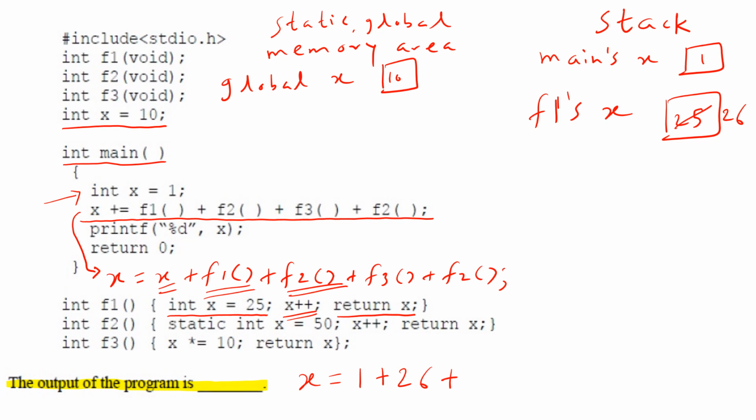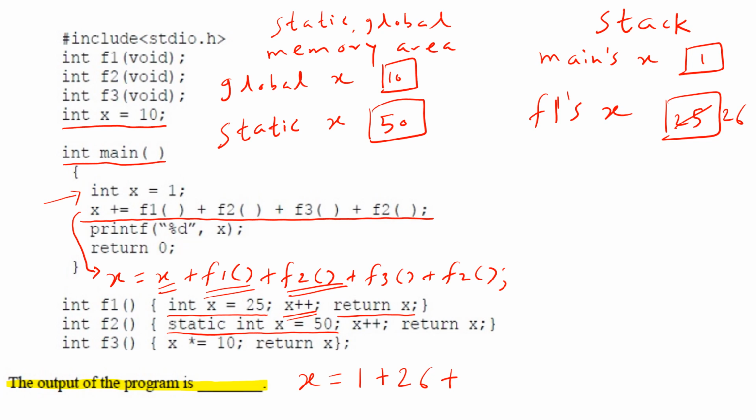Then now let's see what f2 returns. For f2 we have a static storage class variable which is initialized with value 50. Since it is a static storage class variable, memory for this variable will be on static global memory area. So this is a static x with value 50.